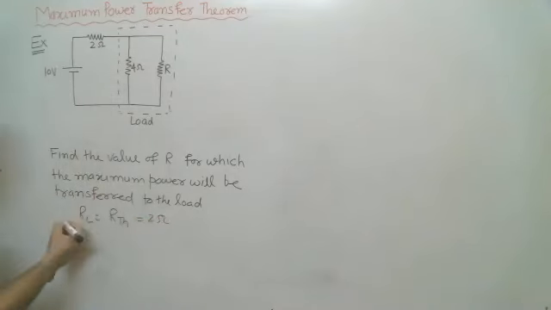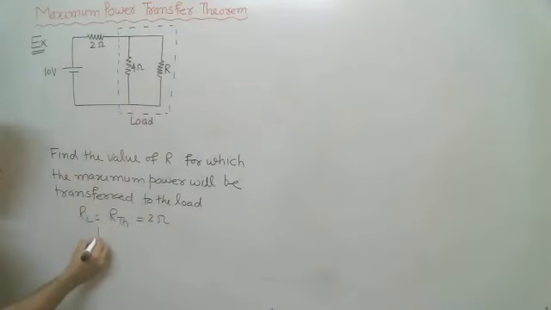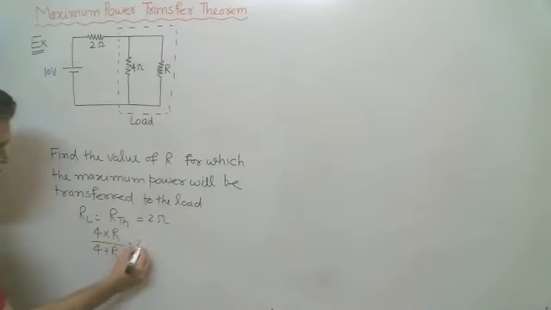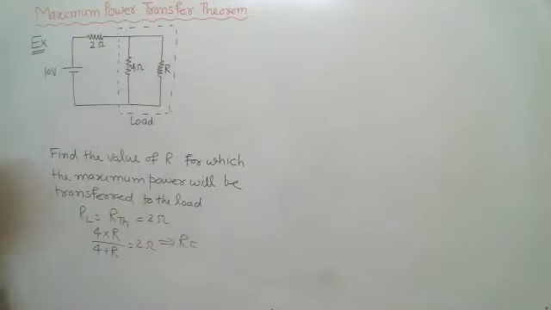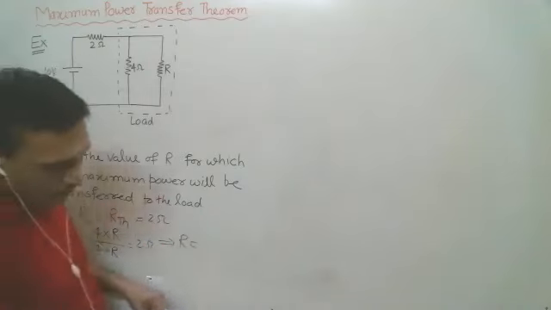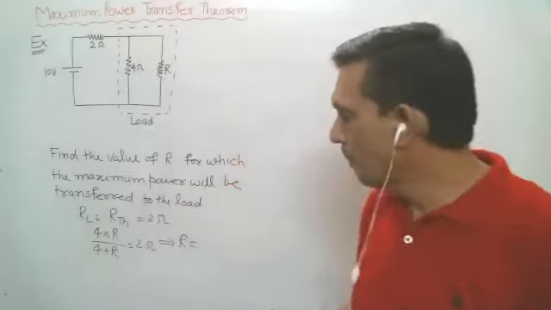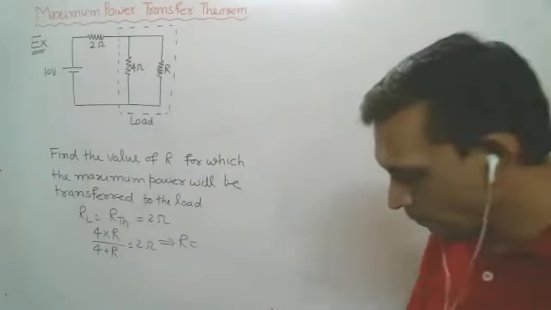And what is RL? RL is the parallel combination of 4 and R. So 4 into R by 4 plus R, that is 2 ohm. Now solve for R. What will be the value of R? 4 ohm.